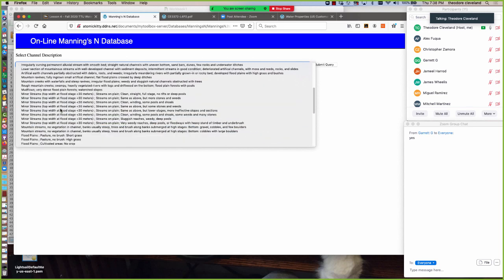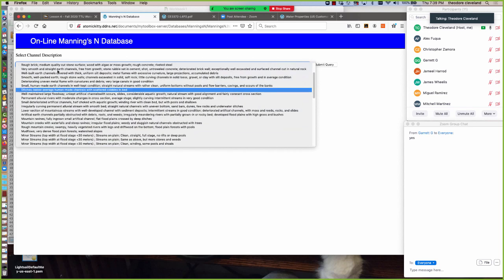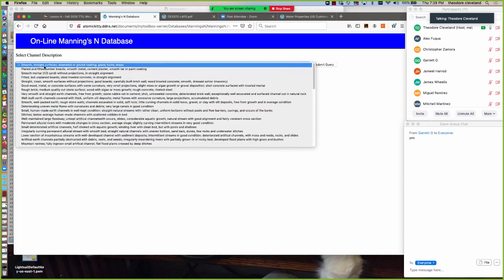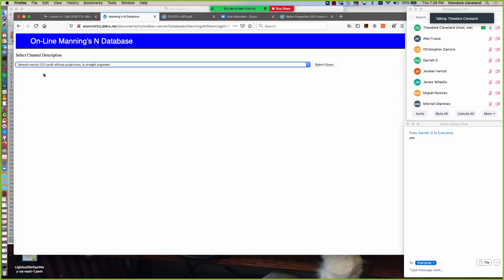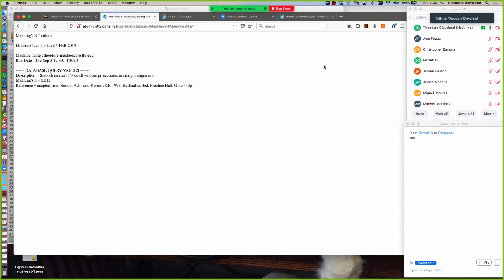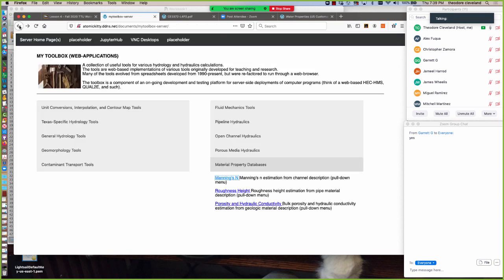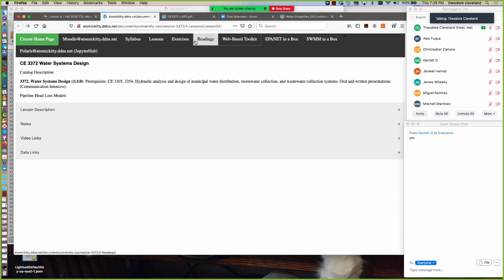So if we were looking at, I don't have any pipe descriptions in here, but if we were to do smooth mortar, sand, straight alignment, no other information, the Manning's n would be 0.011 in the database lookup. And there are also printed tabulations that are probably far more useful for using it in a pipe flow context.